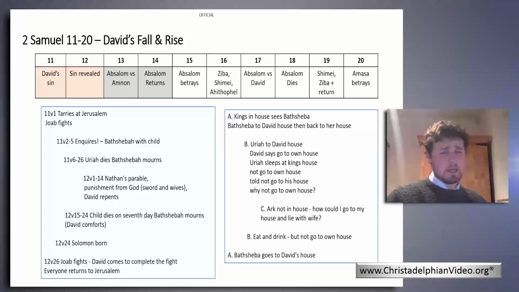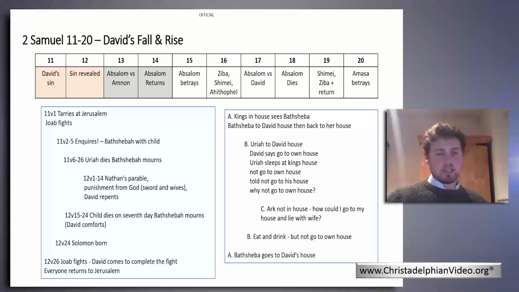So David inquires after Bathsheba and takes her, and she has a child, which leads to Uriah's death. Bathsheba mourns, and in the center then, in chapter 12, it's revealed to David what his punishment is going to be because of what he has done, a fitting punishment, because he's killed Uriah and taken another man's wife.